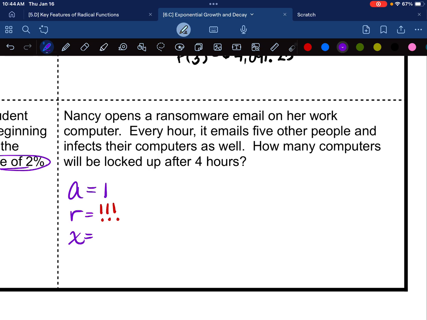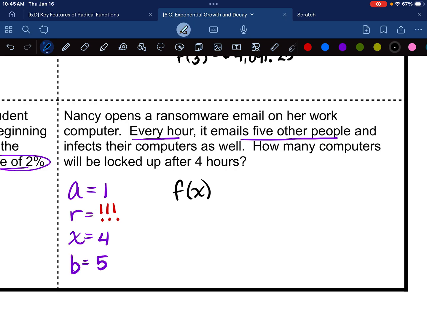So every hour, it emails 5 other people. That's not like a rate, right? That's not a percentage. So what that means is that 5 other people is our B value. So we're going to plug it in, right?